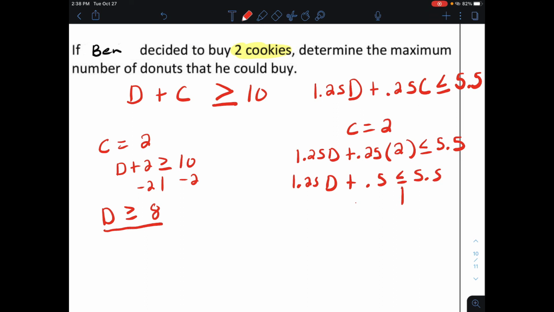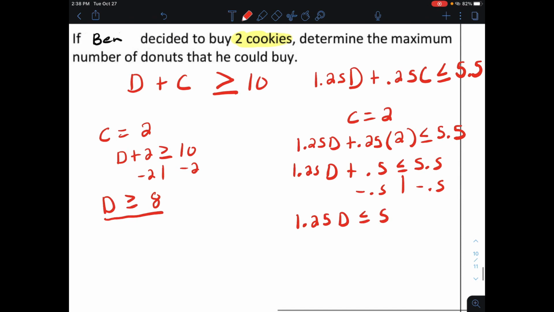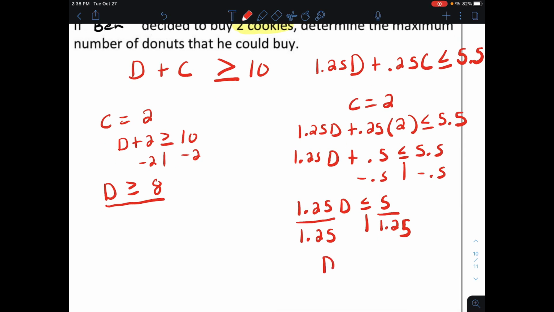Well, let's minus the 0.5 from both sides. And we get 1.25 times D is less than or equal to 5. Now, let's divide both sides by 1.25 so we can see what this inequality says about our D value. So 5 divided by 1.25 says that D has to be less than or equal to 4.